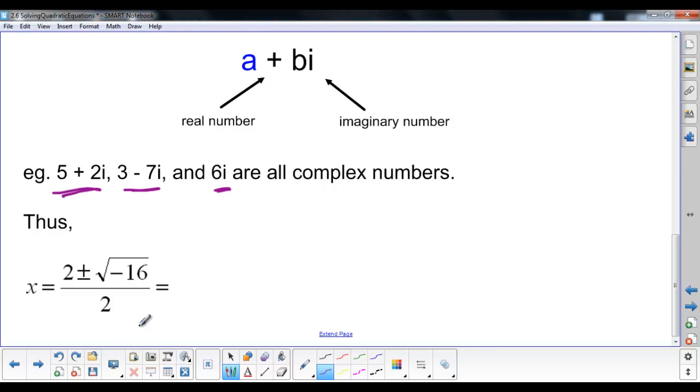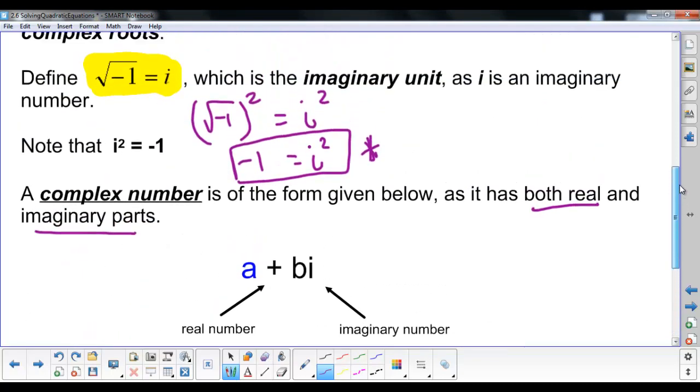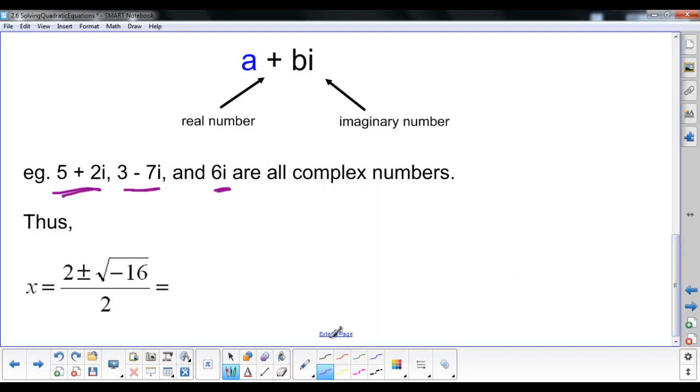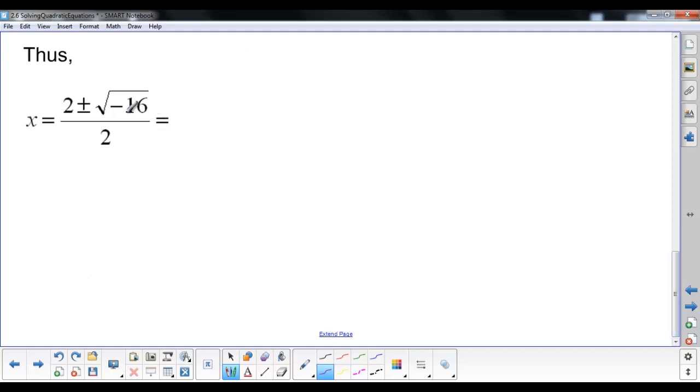So if we were to continue on from the question above, we would want to think of two numbers that multiply to 16, but we have to keep in mind that we have that negative there. So -16 breaks down into square root of -1 and then square root of 16.